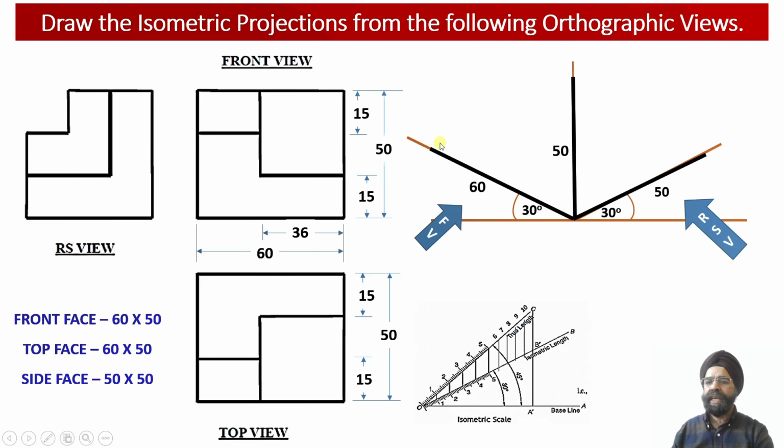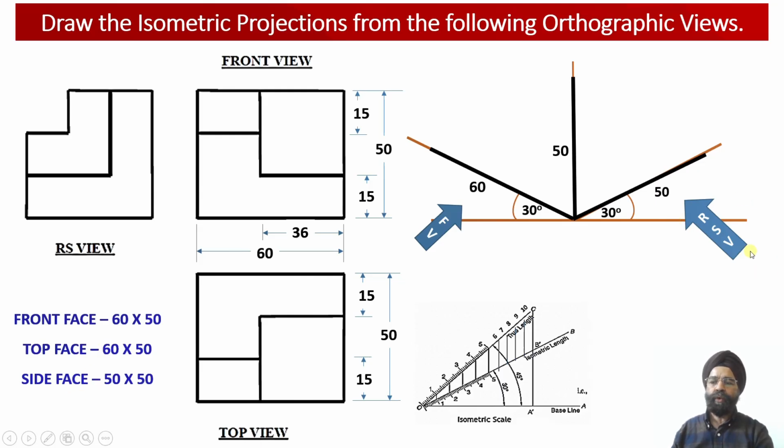So into the XZ plane, this is going to be the Z axis, this is going to be the X axis. Alongside the XZ plane, we are going to obtain the projection corresponding to the top face of this engineering object.